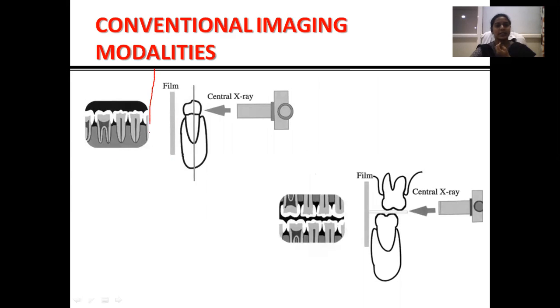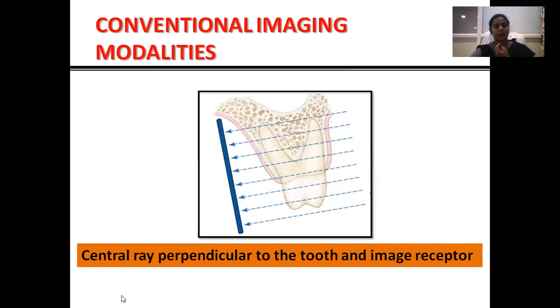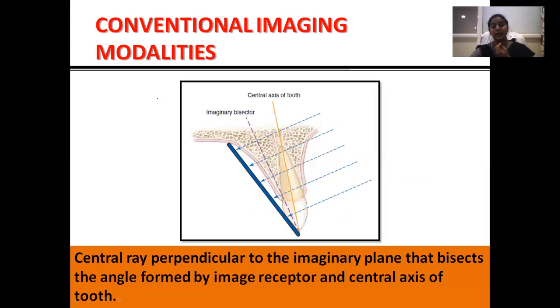So this is the periapical film radiography. This is the Bitewing radiography. This is the paralleling angle technique, in which the central ray is perpendicular both to the tooth as well as the image receptor. The paralleling angle technique produces the correct relationship between alveolar bone and CEJ when used along with periapical radiography.